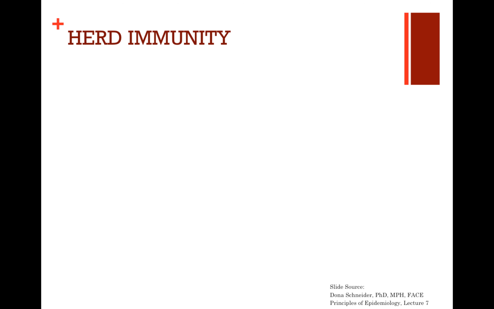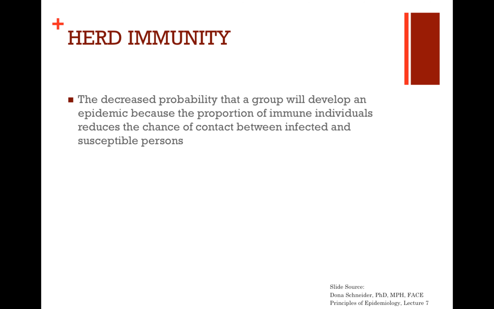And so one of my favorite concepts in infectious disease epidemiology is this idea of herd immunity. Herd immunity came about through farmers trying to understand how much of their livestock needs to be vaccinated in order to prevent disease from spreading. Right? It's very difficult to vaccinate every single one, but we don't want an epidemic or an outbreak of some disease that kills off your entire herd, and then you lose a lot of money.